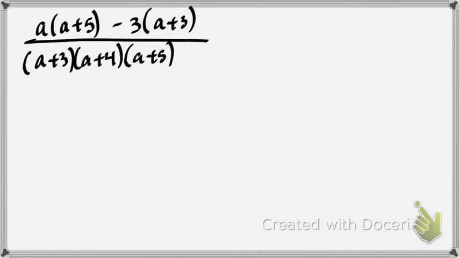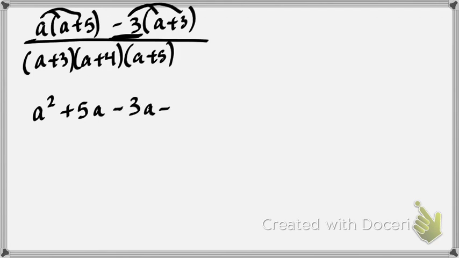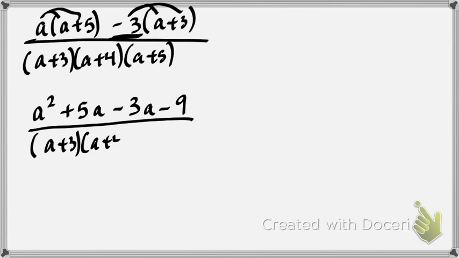Now we're going to distribute, just like we did in the last problem. We distribute the a to the a and the 5, so that would be a squared plus 5a. Now we're going to distribute the negative 3, making sure that you distribute a negative 3 because the problem was a minus. So that gives me negative 3a minus 9. And then we have a plus 3, a plus 4, and a plus 5.